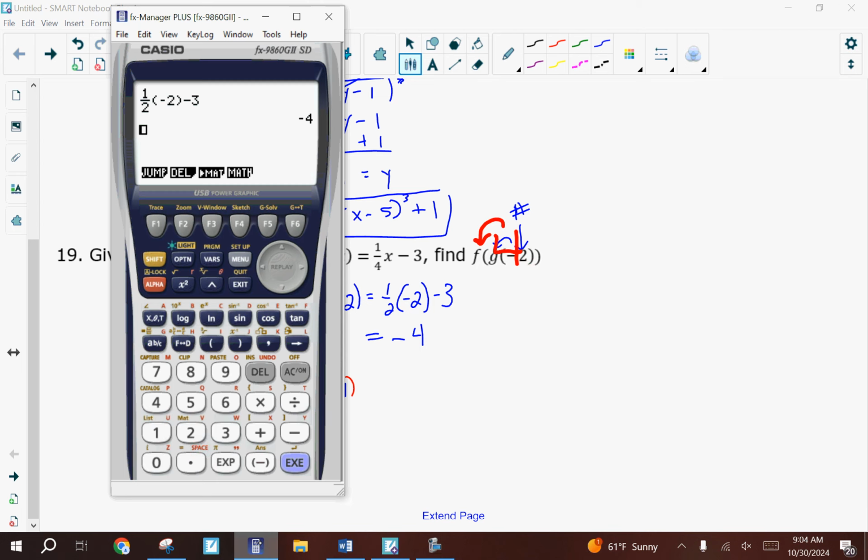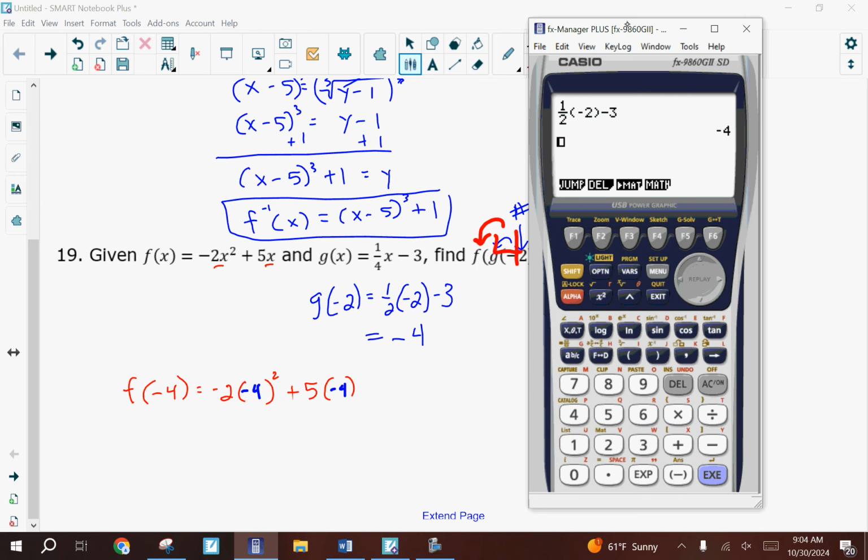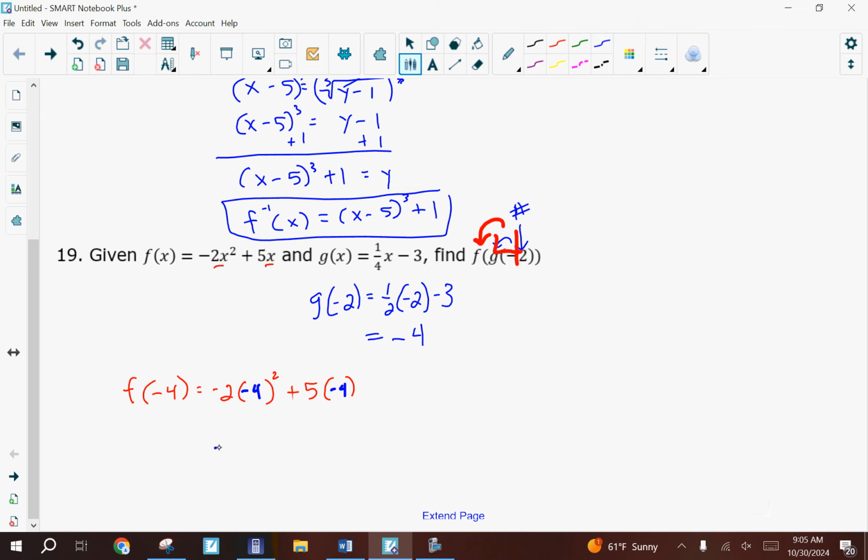And again, it's just a calculator question. So we can do -2, parentheses, -4, and that's going to be to the second power, so squared, plus 5, and then parentheses, -4. So the final answer is -52.